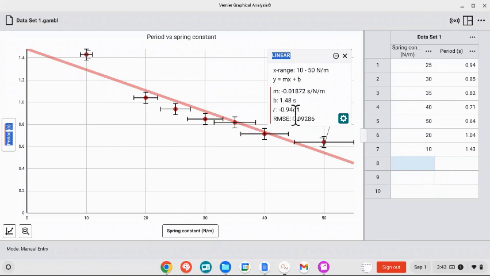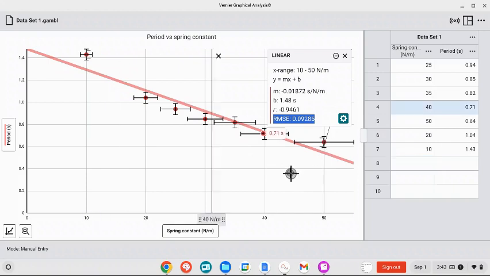We also look here at the root mean square error. That tells you how far the data points are from the line, and we want the smallest number, as close to 0 as possible. It's an okay fit, but it's not a fabulous fit, is what I would say in terms of does it fit?